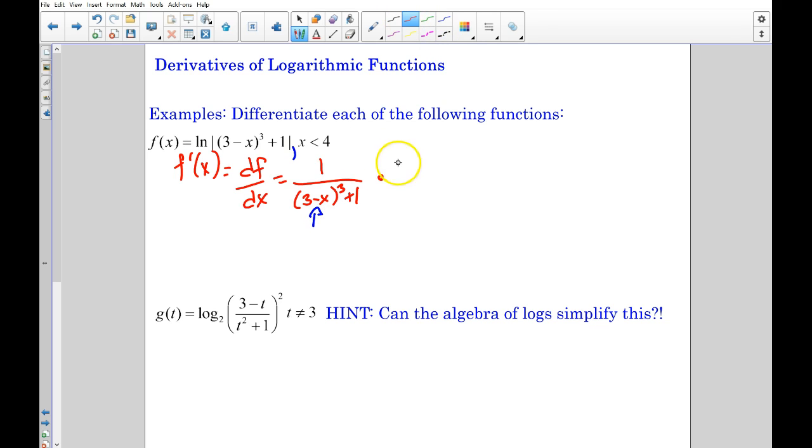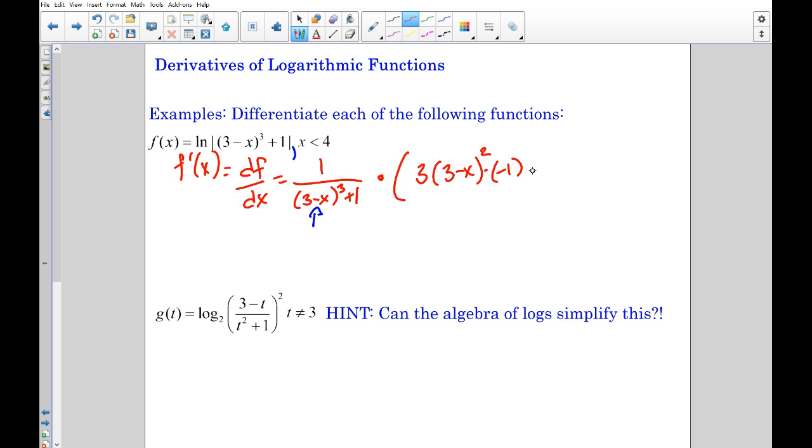So the derivative is going to be, well, chain rule for this first part, 3 times (3 minus x) squared. And then I have a derivative, so that's the derivative of the outer part times the derivative of the inner, which is times minus 1.